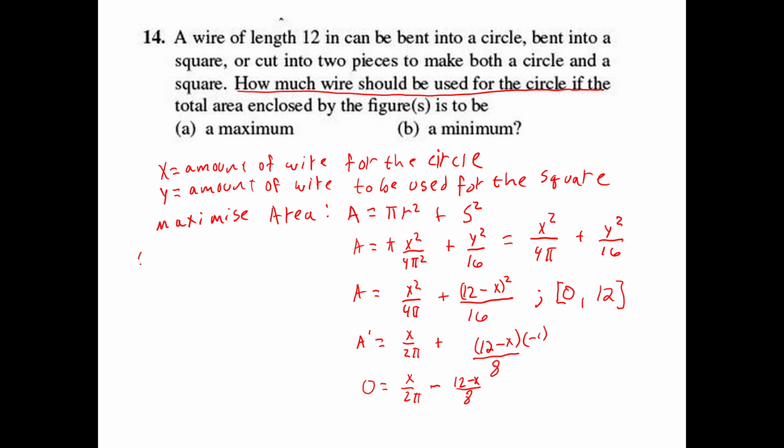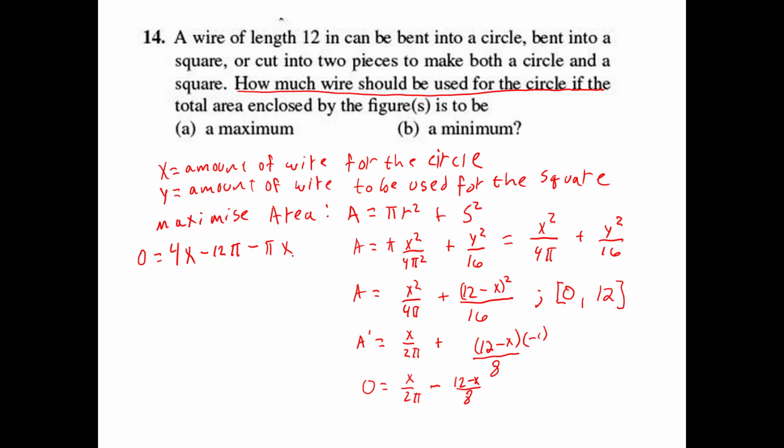So on the left, we will still get 0. On the right, on this first term, the pi's will go away, and I will get 4x. And on the second one, the 8's will go away, and I'll have to distribute the minus pi. So I will get minus 12 pi minus pi times x.